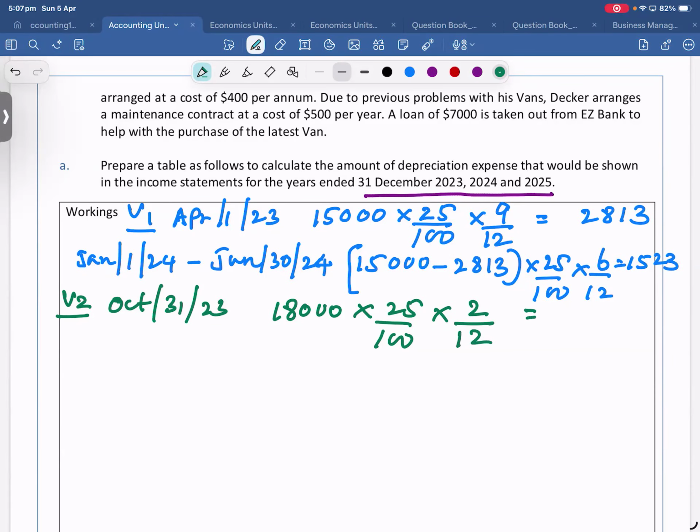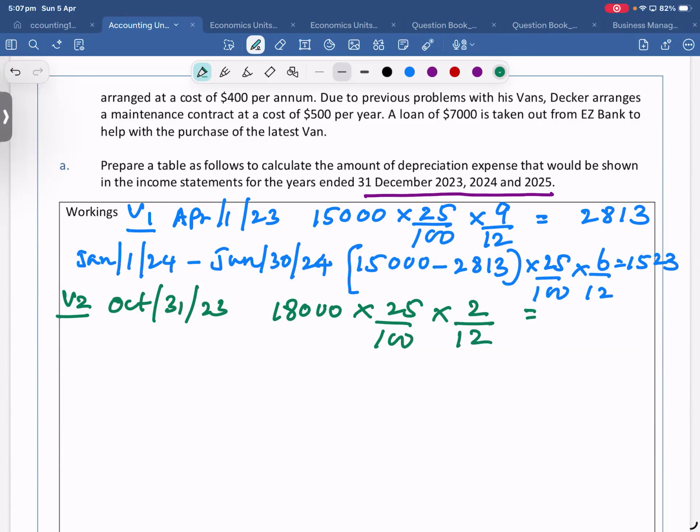Now it is going to the balance sheet, 18,000. So then total van cost for the 23 is going to be 33,000. And then we'll get the accumulated depreciation as well, similar to the depreciation expenses.